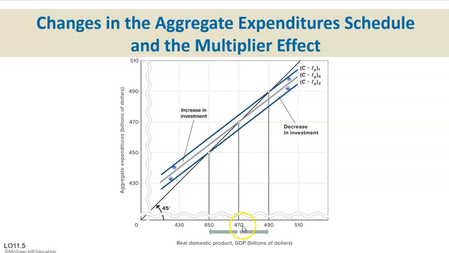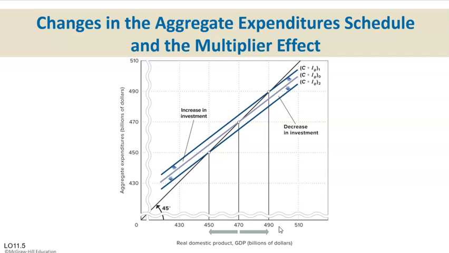We started with a GDP of 470 billion. Because of the increase in investment of 4 billion, GDP has increased up to 490 billion. And that change in GDP is actually 20 billion. So we have an initial change in spending of 4 billion that causes a $20 billion change in GDP.